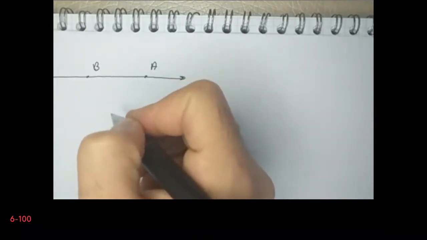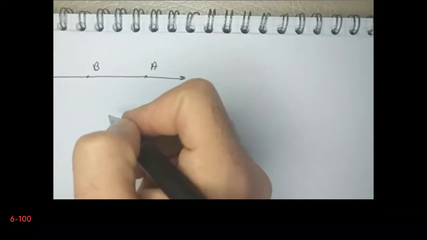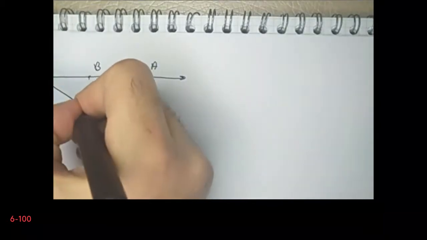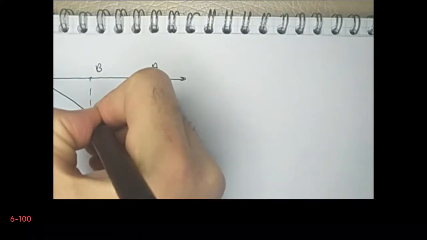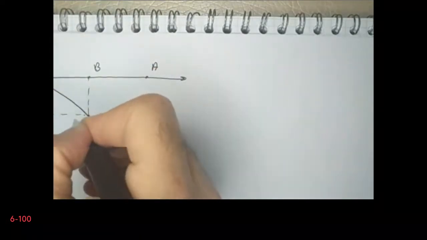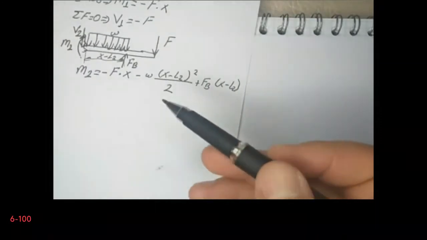So first, in the first part up to B, it will increase linearly to a value which is minus F multiplied by L2, and then it will try to increase parabolically because of this term.